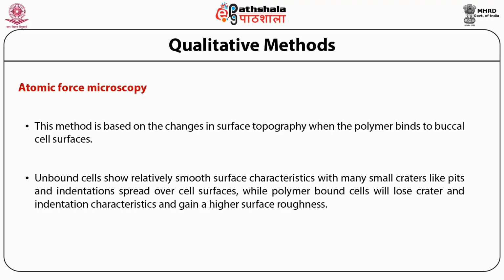On the other hand, the polymer-bound cells will lose crater and indentation characteristics and gain a higher surface roughness, which could be very well visualized by the technique of atomic force microscopy.